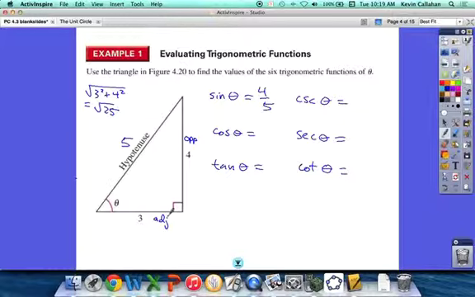And the hypotenuse is always the hypotenuse. So the sine was opposite over hypotenuse. The cosine is adjacent, 3, over hypotenuse, 5. And the tangent would be opposite over adjacent, 4/3. Right? And then the 3 reciprocal functions just mean flip them. 5/4, 5/3, and 3/4.